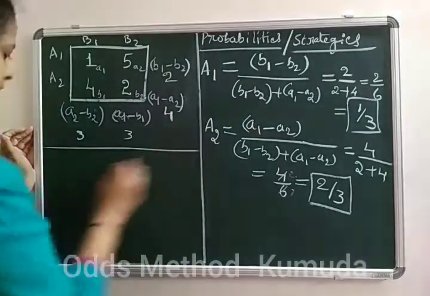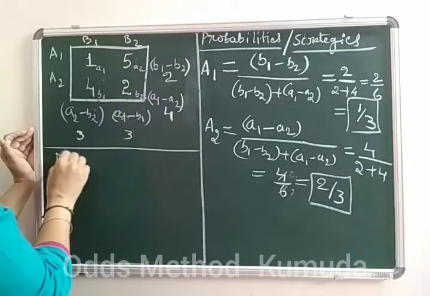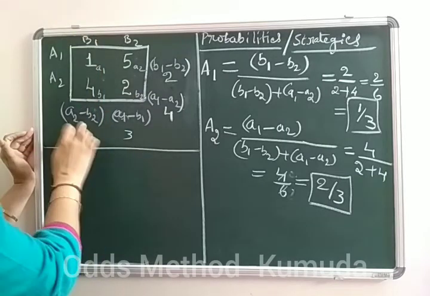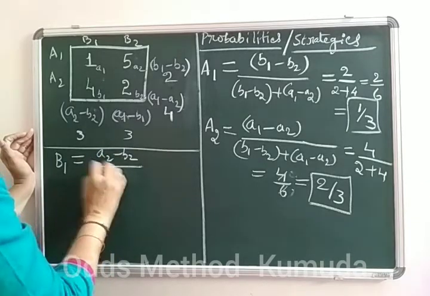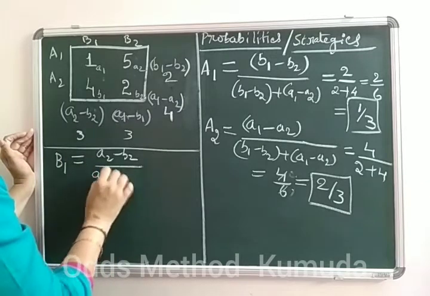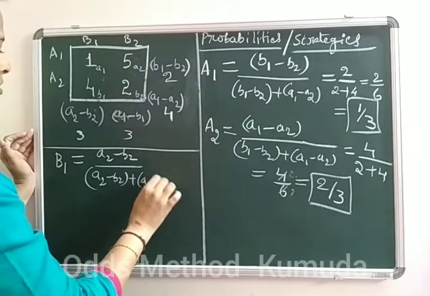Similarly, we can extend to find the strategy for the player called B. So the strategy for B1 will be the respective number here, that is A2 minus B2 divided by the sum of this, that is A2 minus B2 plus A1 minus B1.